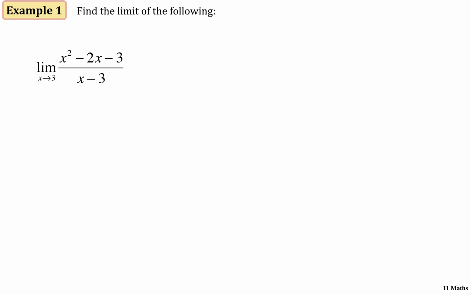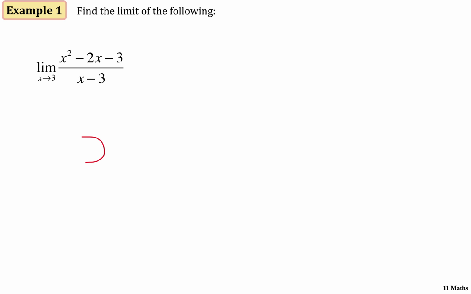I'm going to answer the question first, then I'm going to describe what it means. When you have limit questions, you can tell because it's going to have lim out the front, and underneath the word lim there'll be some sort of instruction. Here the instruction says x is approaching 3.